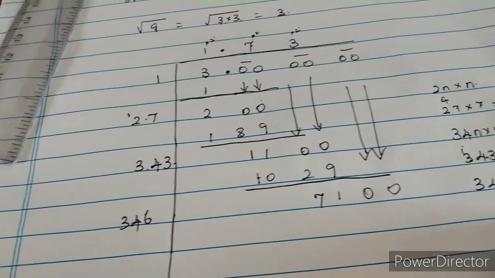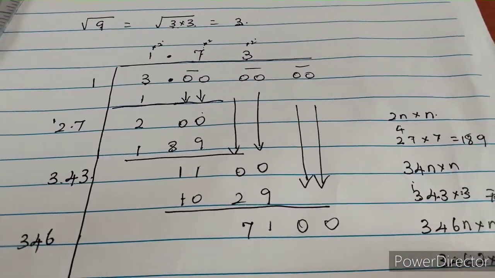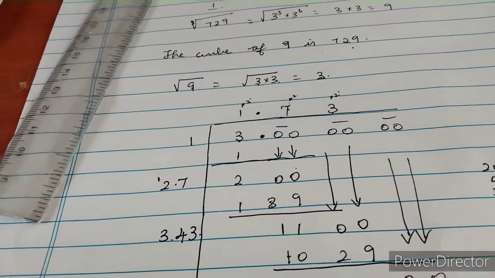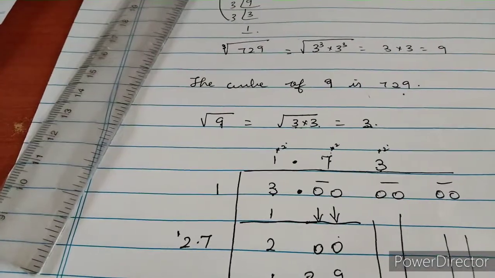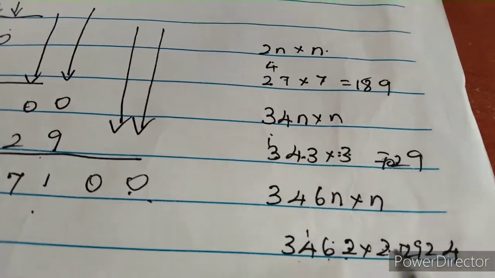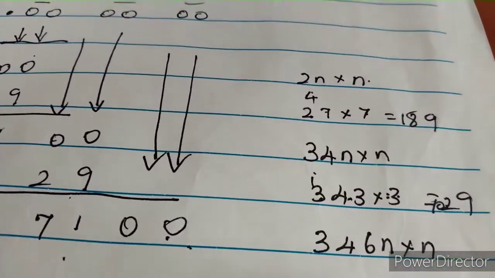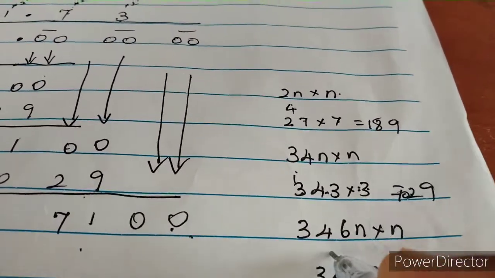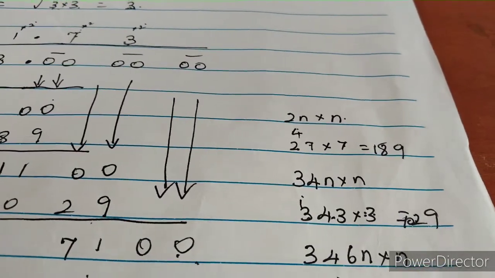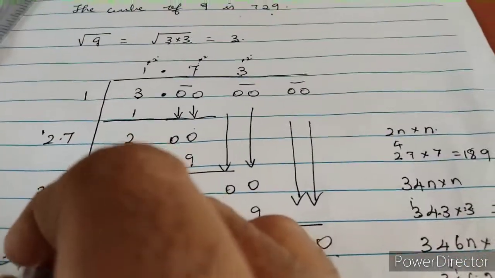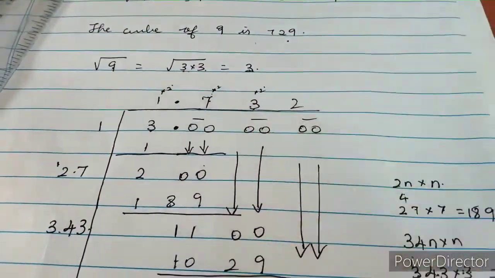That is 2 2s are 4, 2 6s are 12, 2 carry 1, 2 4s are 8, 8 plus 1 is 9, 2 3s are 6. Therefore, 6924. Here write 2 on the divisor and 2 on top.